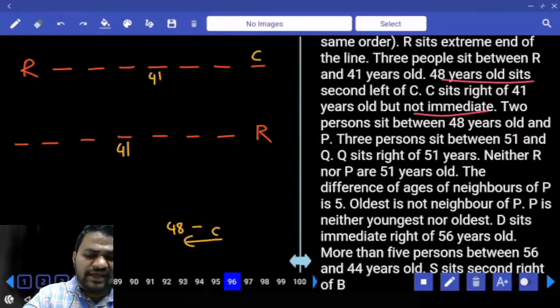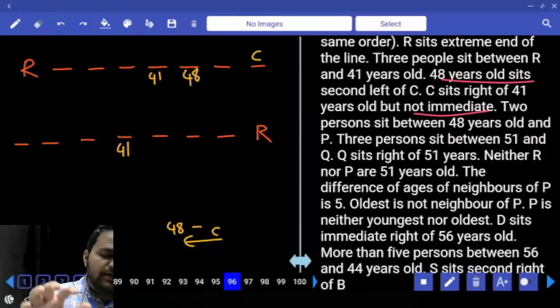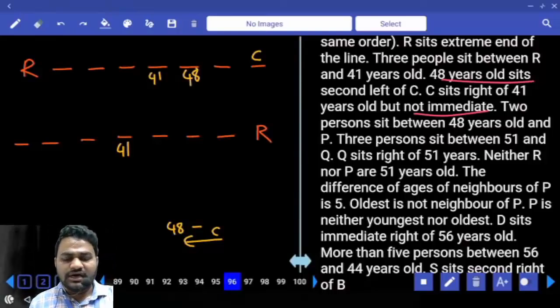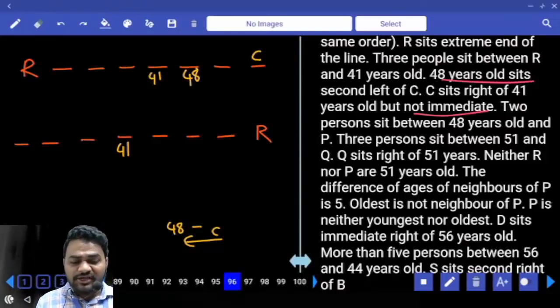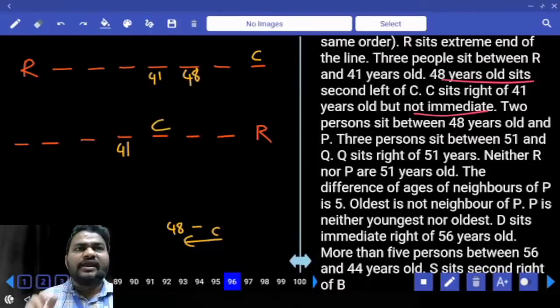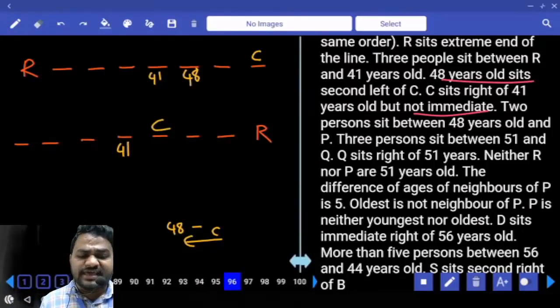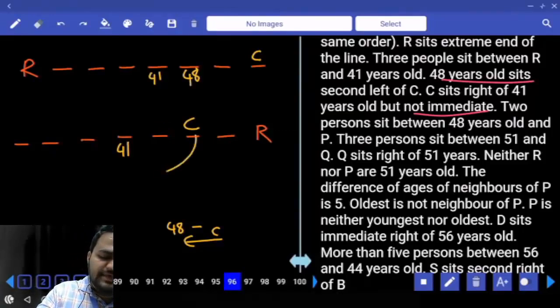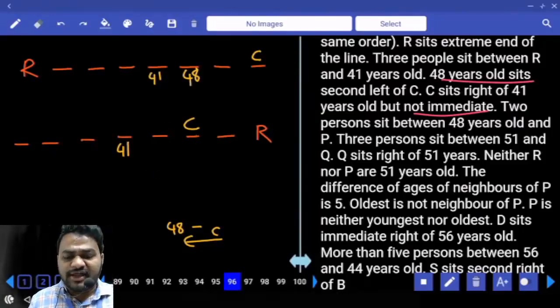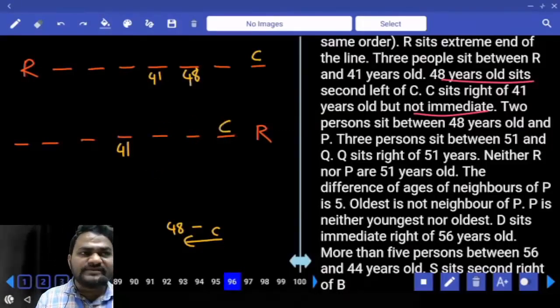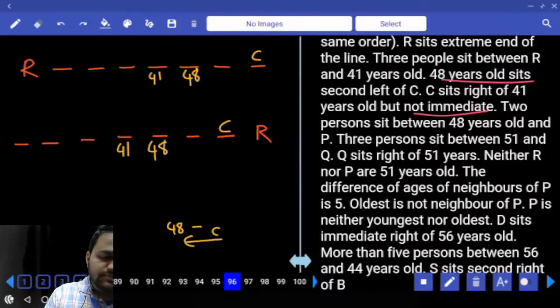So it is the final place for C. C's first left, second left 48 is required.